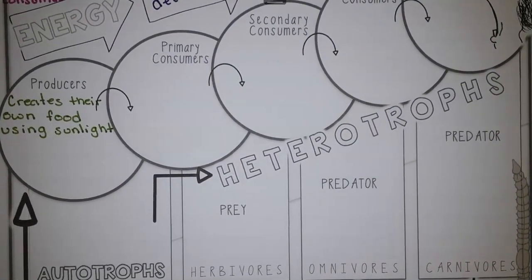Your producers are going to be your autotrophs. Your autotrophs use carbon dioxide, water, and sunlight to produce glucose and oxygen.